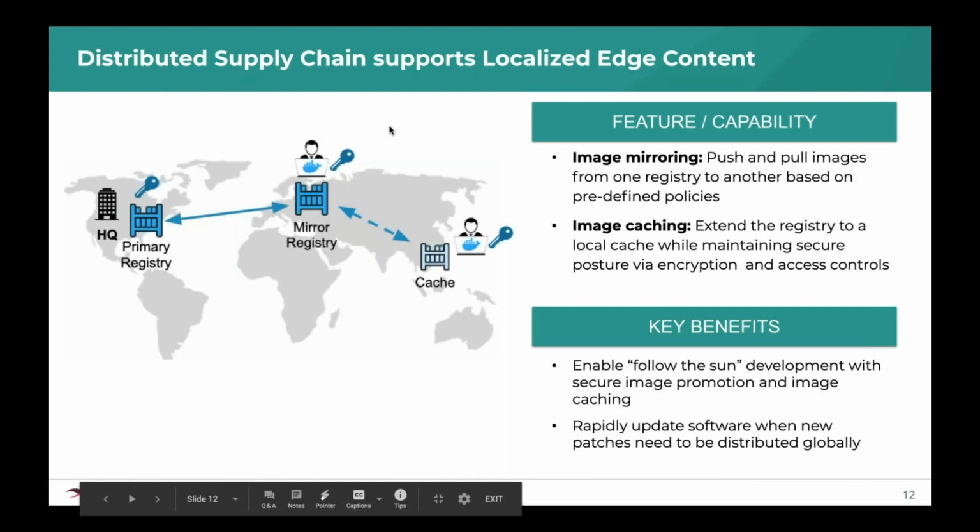But focusing on Edge here, the idea is to have a copy, and it could be a smaller copy, of your registry that's more local to your environment. So it's the concept of having a registry that copies certain images from your primary registry that have been promoted and are ready to be shipped out onto a local registry, which can then leverage these applications for updating the local environment. If that makes any sense.